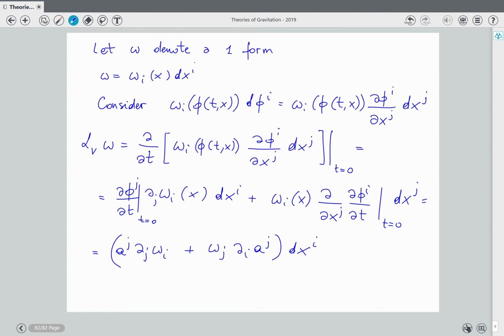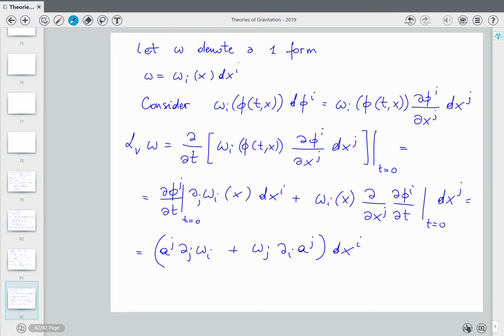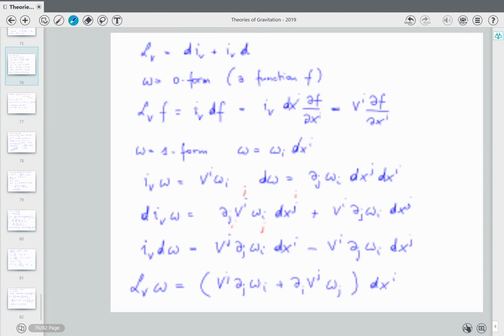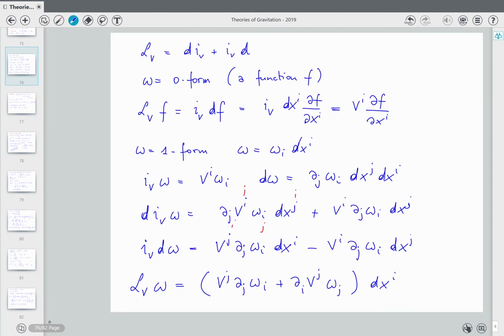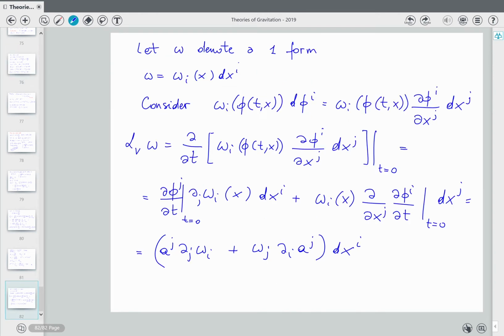And you can check that this is exactly so. Let's see. Then you have the derivative of Vi. You see the index of the derivative is the same as the index of the differential. Let's check, which is okay.